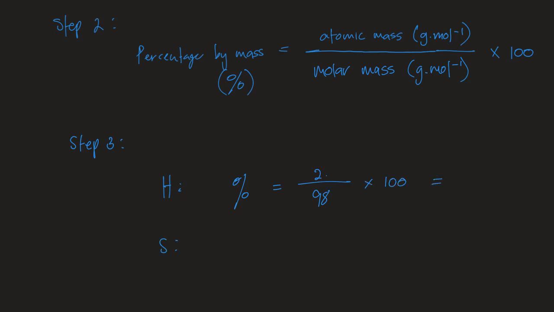For sulfur, the percentage is equal to 32 over 98 times 100. And oxygen contributes 64 grams per mole over 98 times 100. So all you've got to do is pop each of these into your calculator and get the answer. Pause the video and do it yourself.